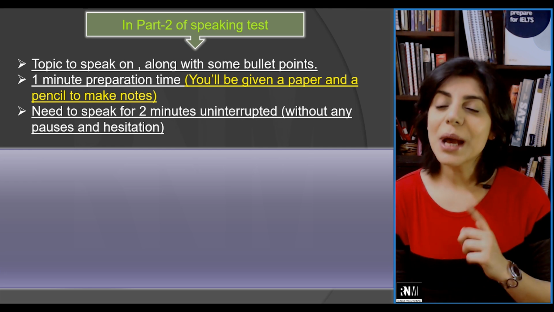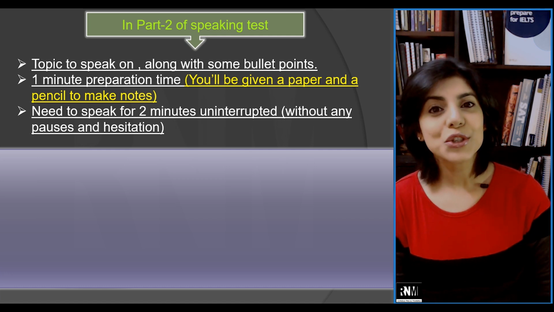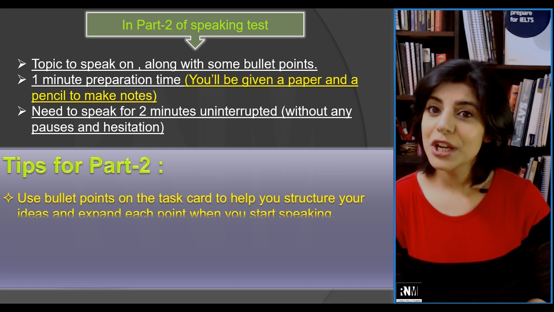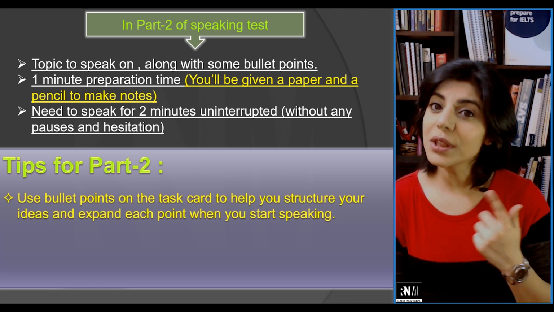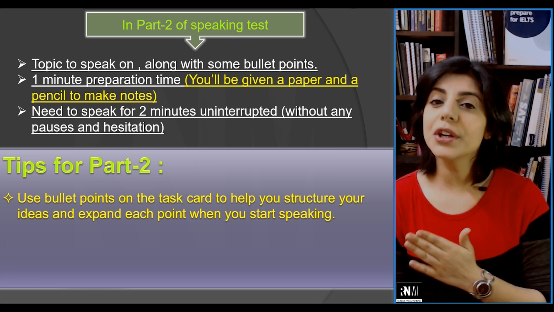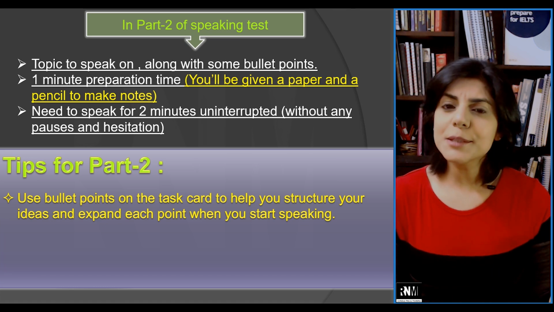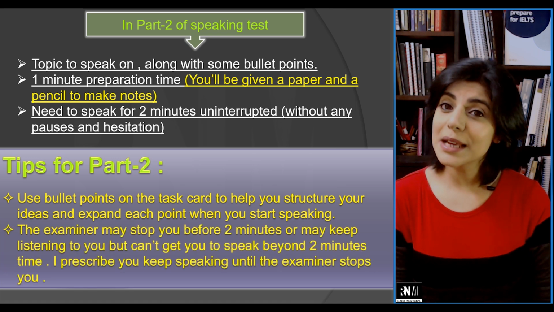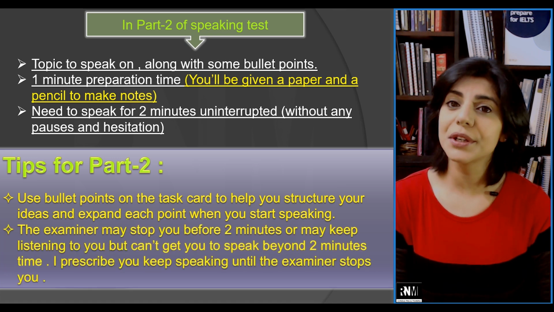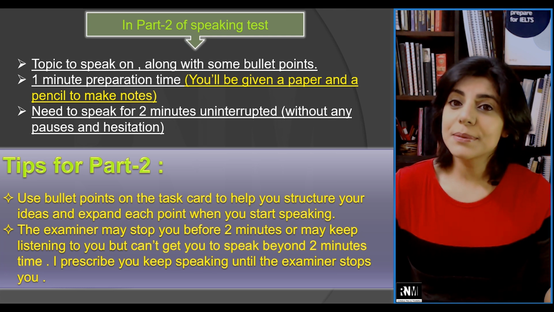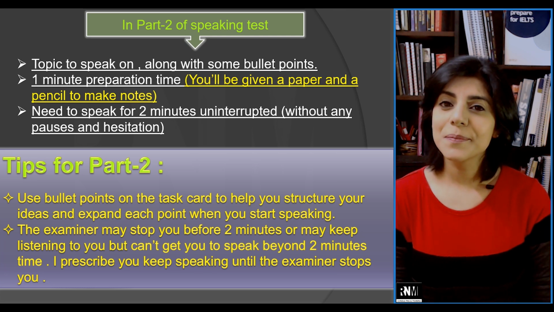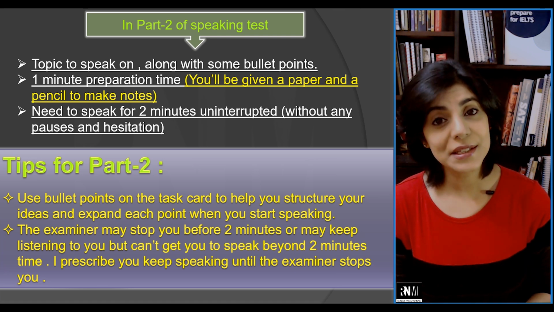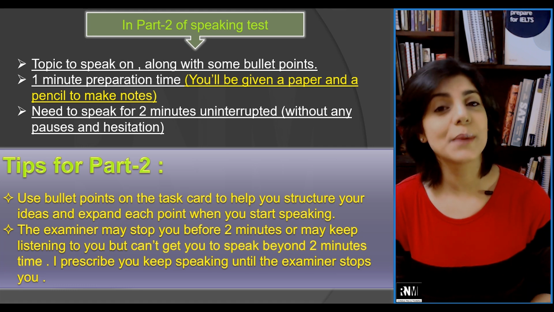You should speak without any pauses and hesitation to be able to get good marks on fluency, for which you must use the bullet points on the task card to help you structure your ideas and then expand each point when you start speaking. Although the examiner may stop you before 2 minutes, or he may keep listening to you for the assessment, he can't get you to speak beyond 2 minutes time. I suggest you keep speaking until the examiner stops you.